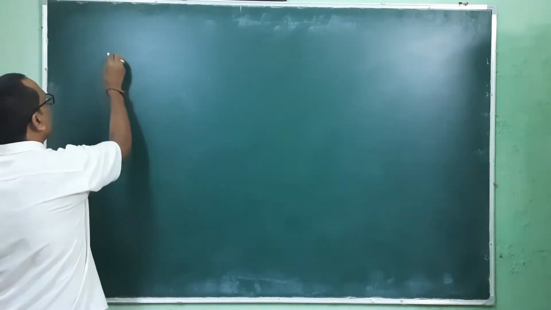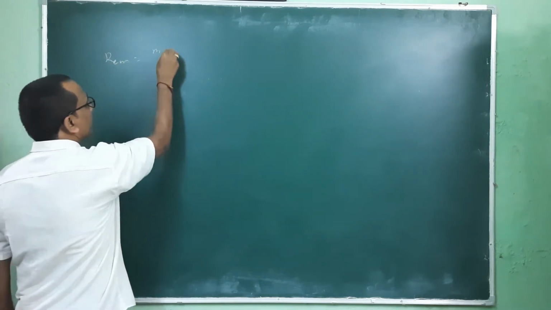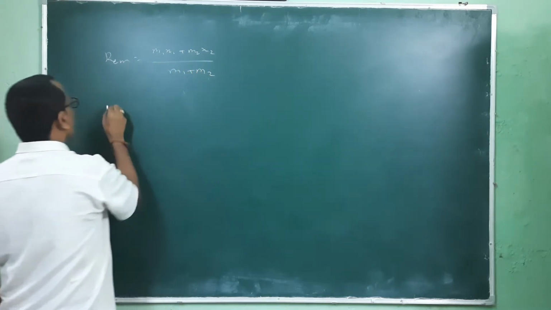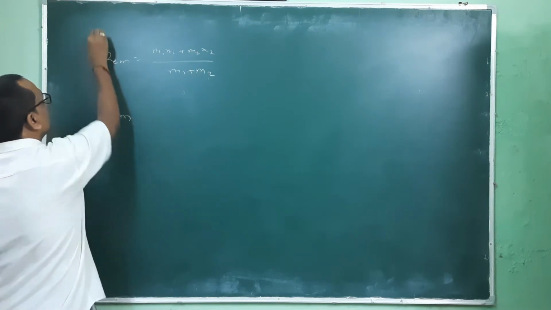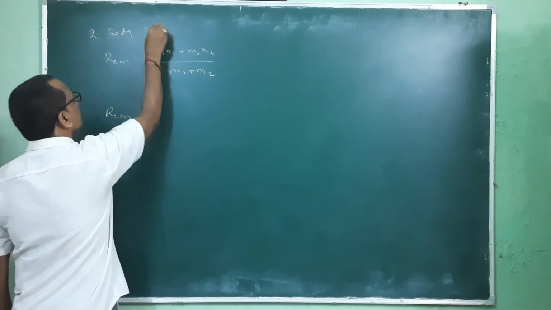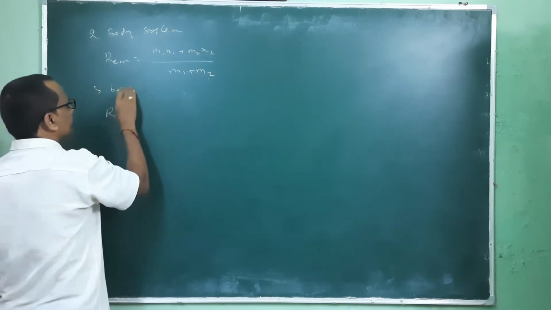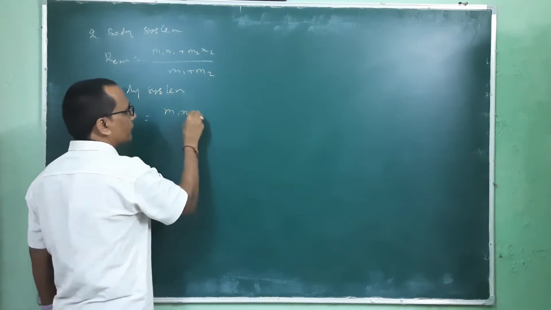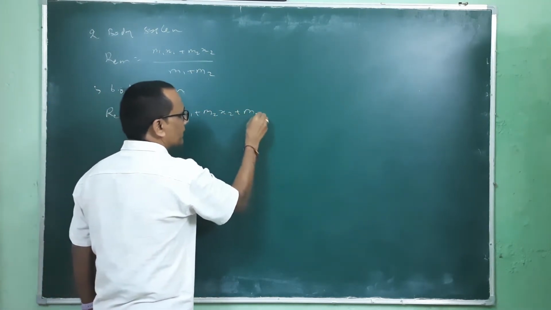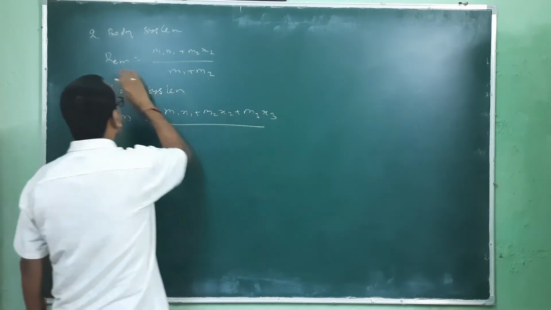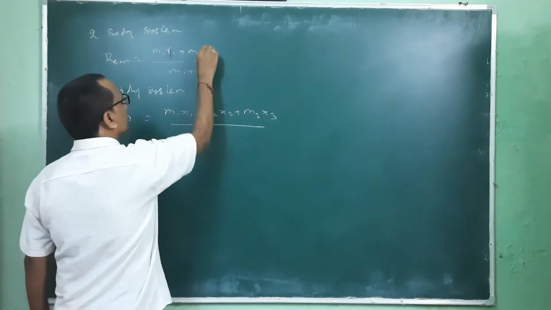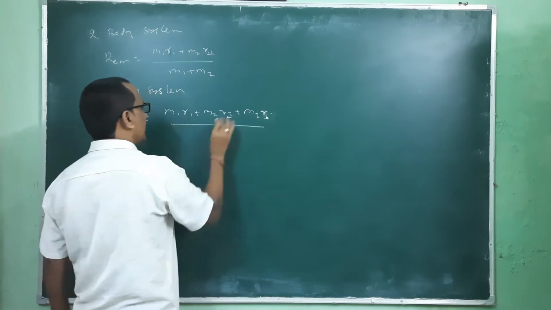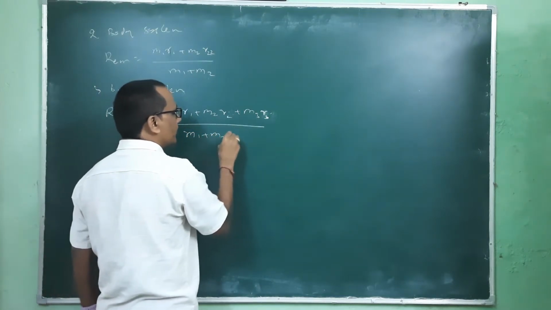So for a two body system we have RCM equal to M1x1 plus M2x2 by M1 plus M2. And for a three body system, this is equal to M1x1 plus M2x2 plus M3x3, or in terms of R, R1, R2, R3, by M1 plus M2 plus M3.